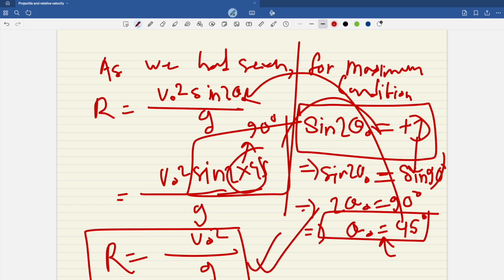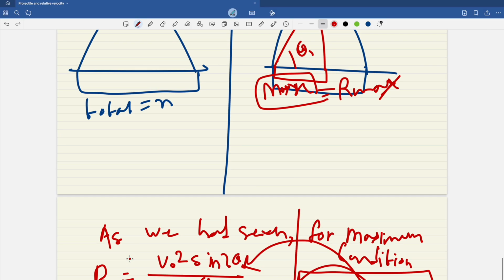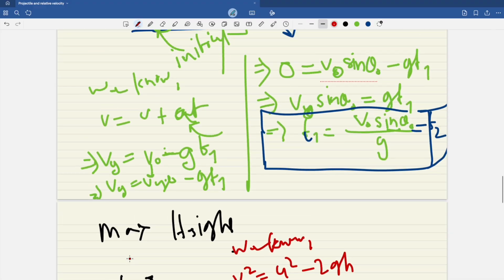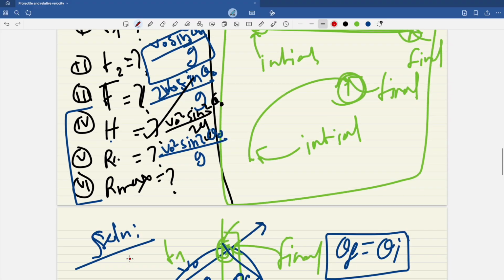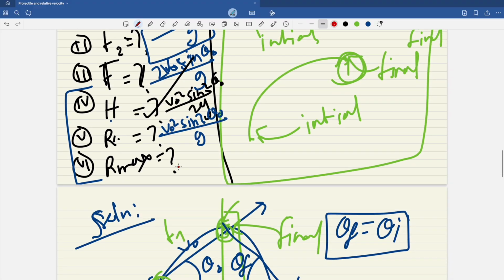So this is the formula for r max. So we also got our last answer, v naught square divided by g.